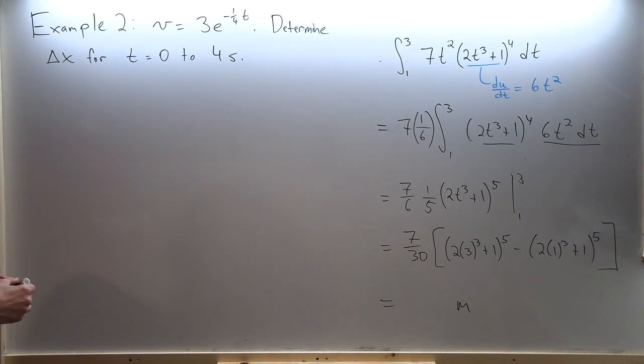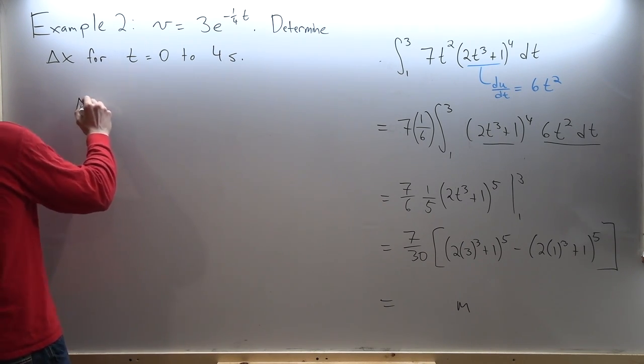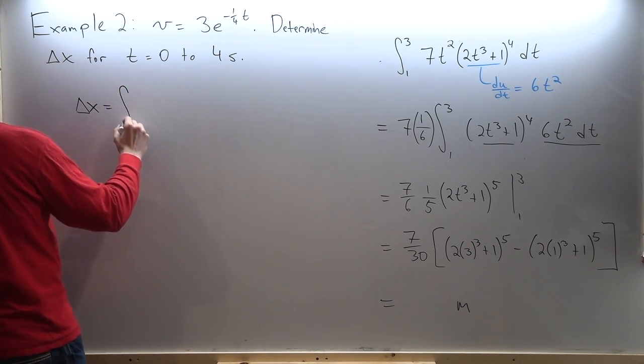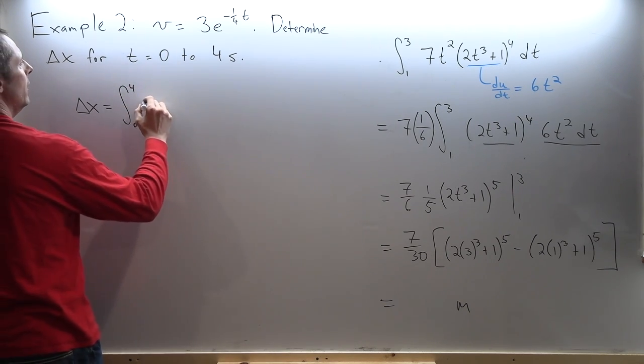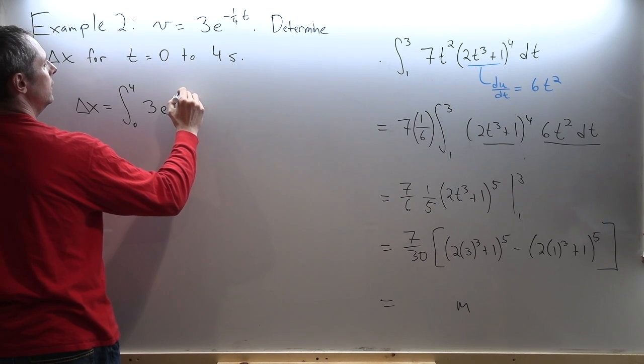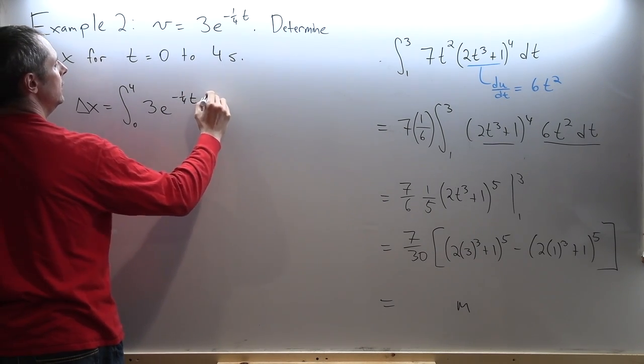So I can say delta x will be the integral from 0 to 4 seconds of my function 3e negative 1/4 t dt.